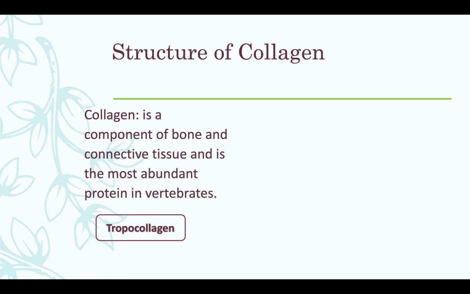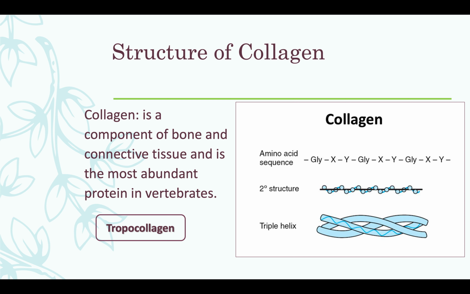Focus your attention on this figure. Note that there are three repeating amino acid residues in collagen. We have here X, which can be any amino acid, and HYP, which is your hydroxyproline.